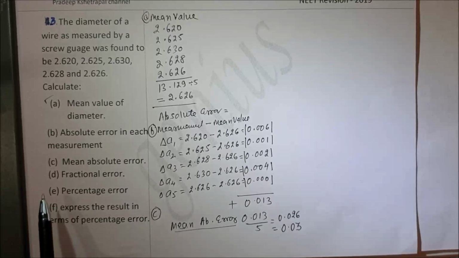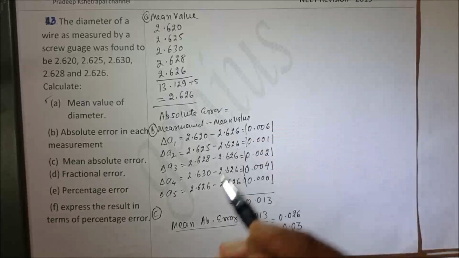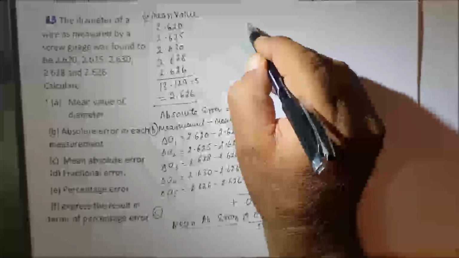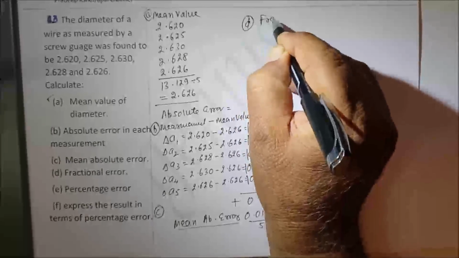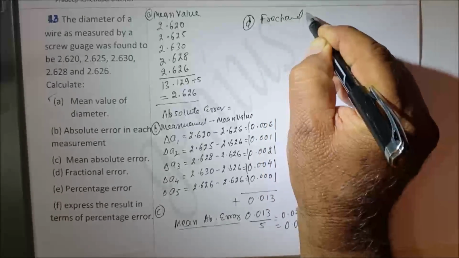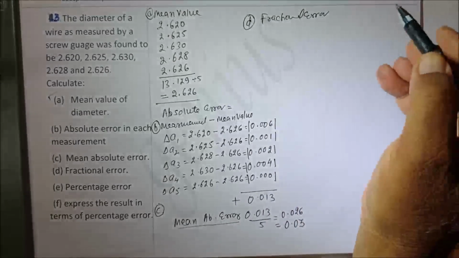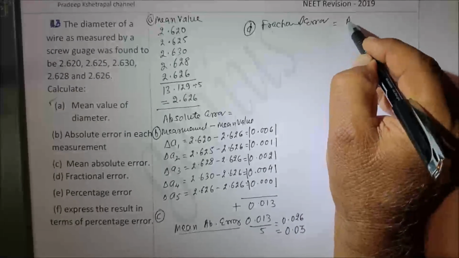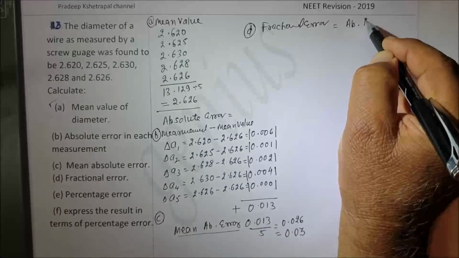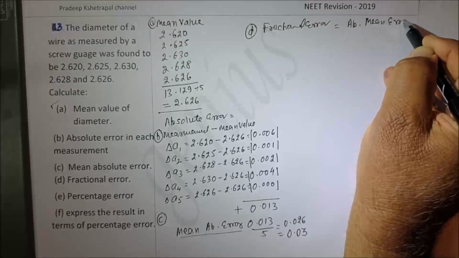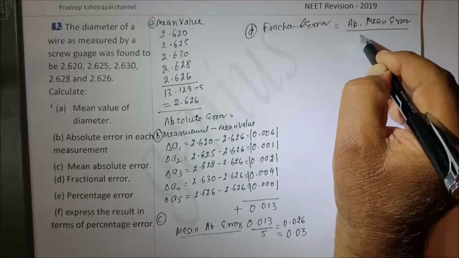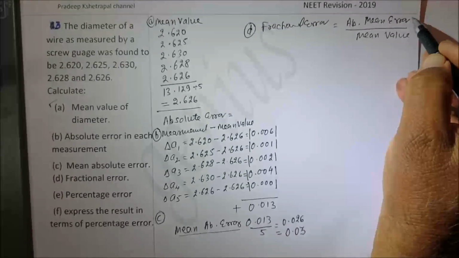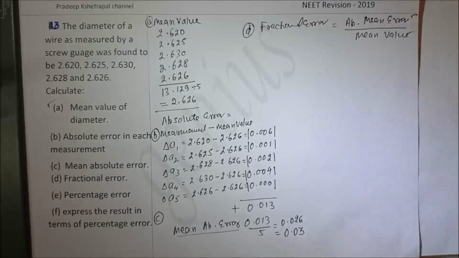Okay, now we go to fractional error number D. Fractional error is absolute mean error divided by mean value. So what you have to remember is error divided by value.